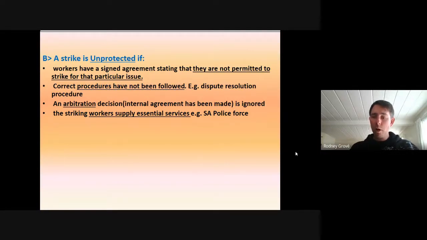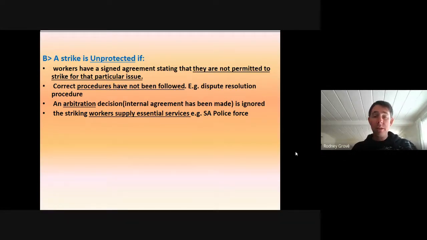So if staff are being difficult and they've chosen to go on an unprotected strike, why not just dismiss all of them and employ new staff who are not going to go on strike? I can hear some of you asking that question. The reason is, if you dismiss everybody, think about a platinum mine out towards Sun City, those big platinum mines that are out there.